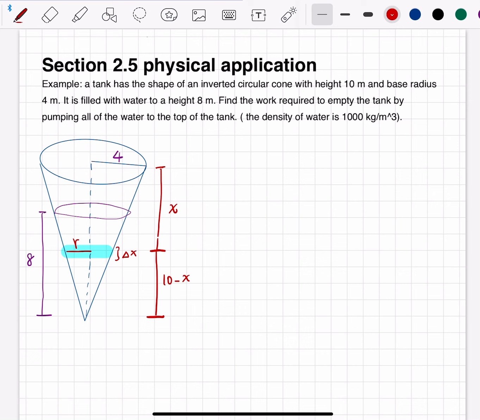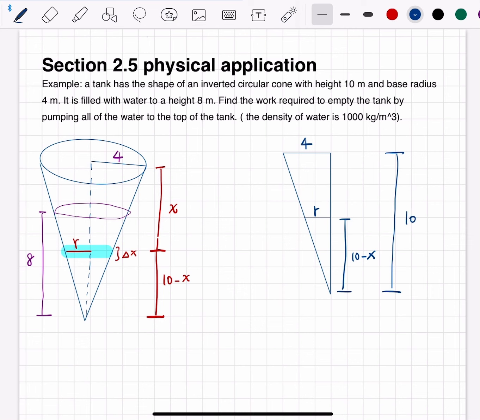From this setup, we are able to draw a right triangle, or similar triangles, where the top is the top radius 4 and then a new radius r, and then 10 minus x versus 10.